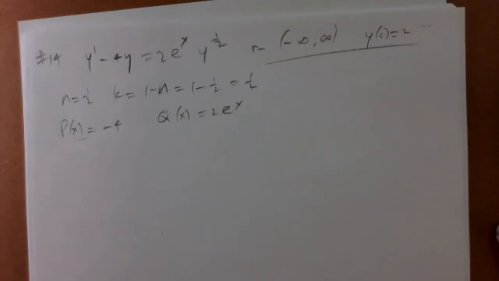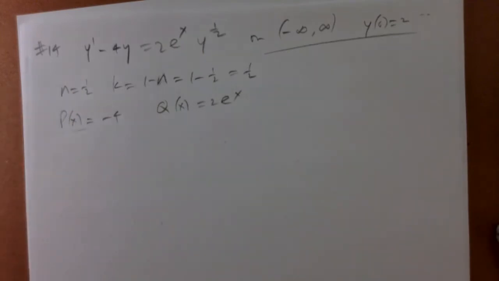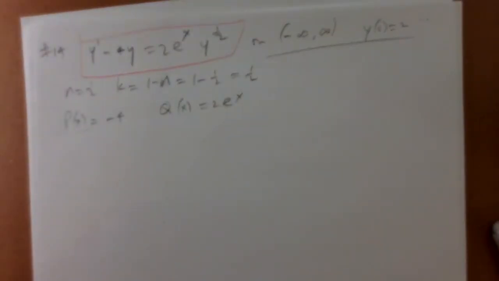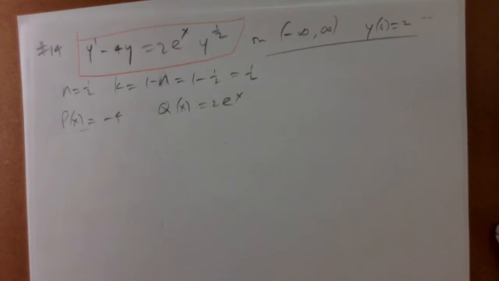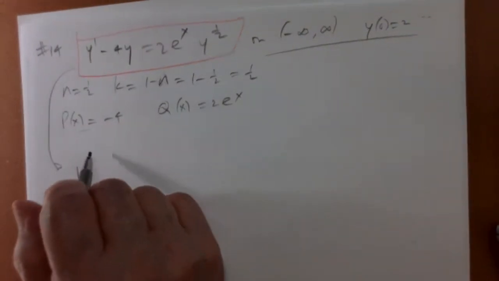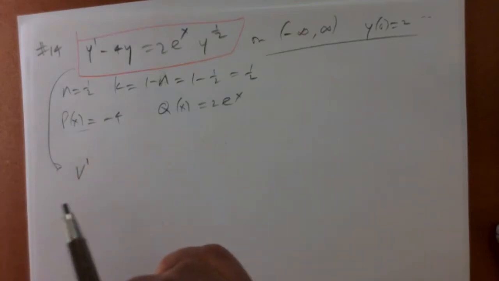Okay? So we transform this Bernoulli equation into the equation v prime plus k p of x v.